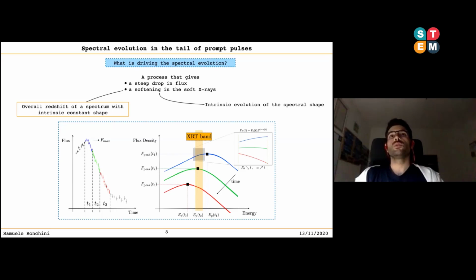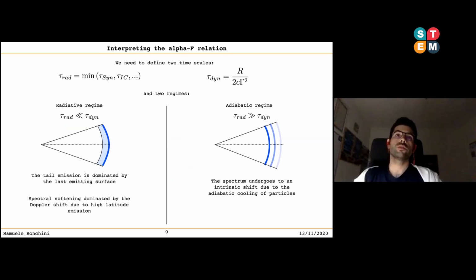Now, in order to model this process carefully, we studied two opposite regimes. One is the radiative regime and the other is the adiabatic regime. In the radiative regime, we are assuming that the cooling timescale due to radiative losses is much smaller than the dynamical timescale.